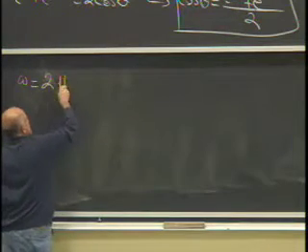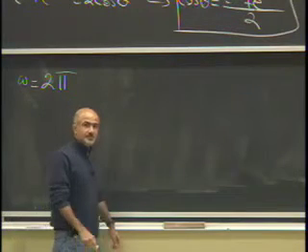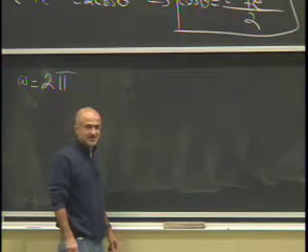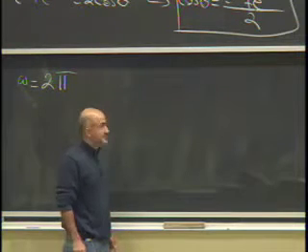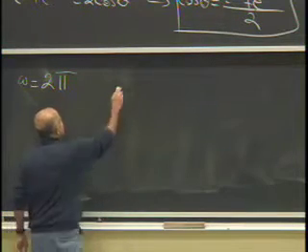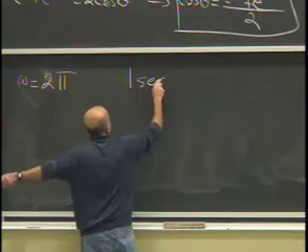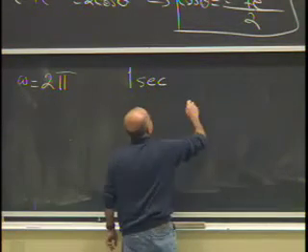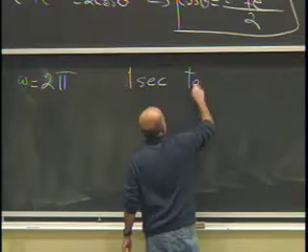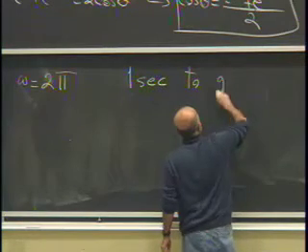Omega equals 2 pi. How long does it take to go around the circle? I've already given you 1 second. Who's on first? That's exactly what I wanted to hear. 1 second to go around that circle.